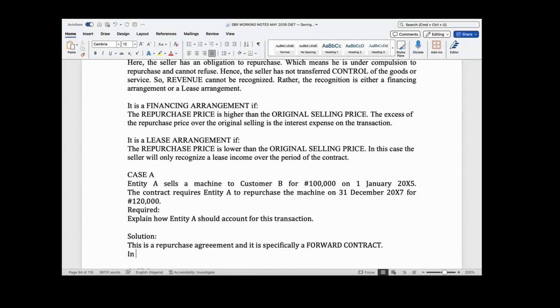So in this scenario, the repurchase price of 120K is higher than the original selling price.